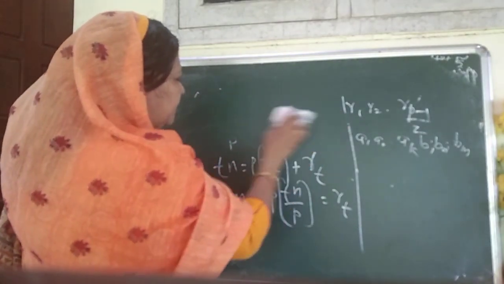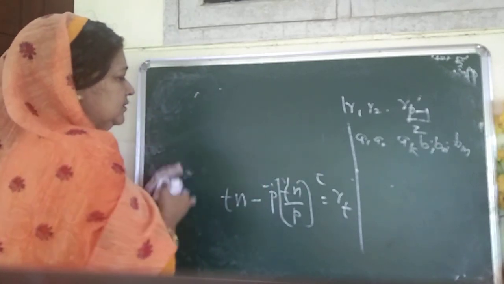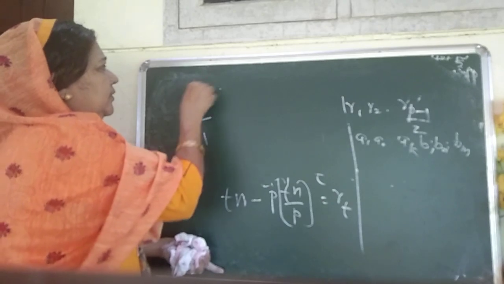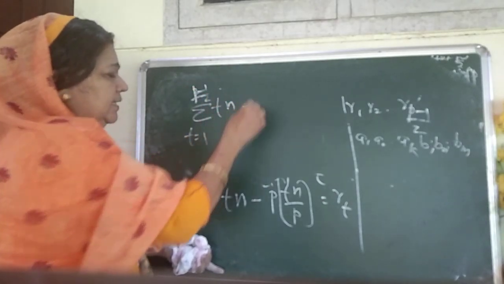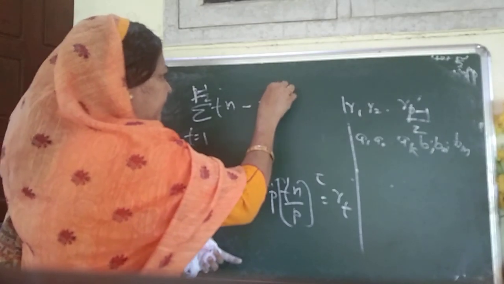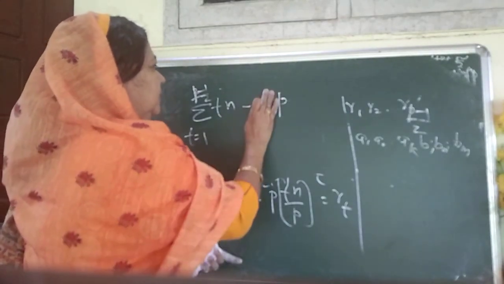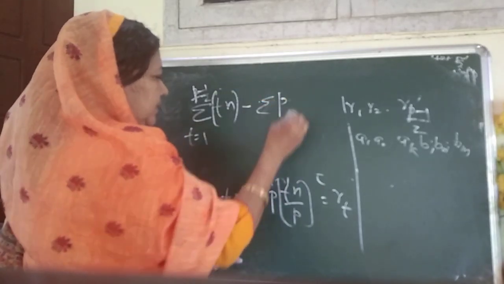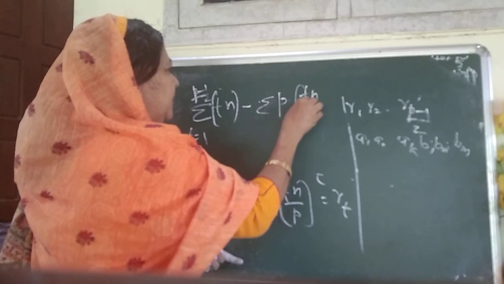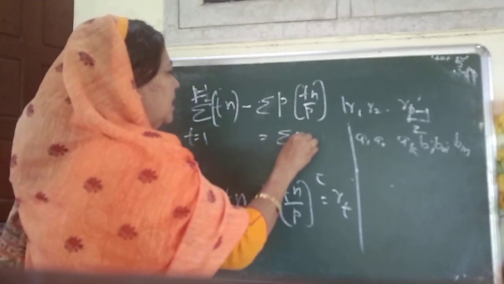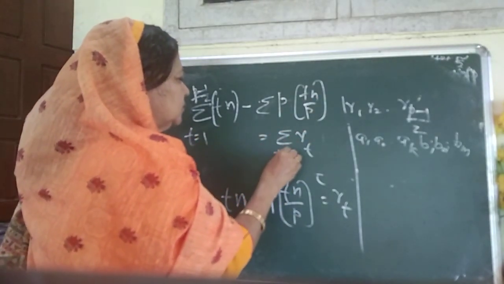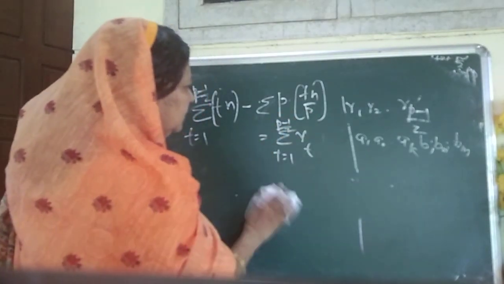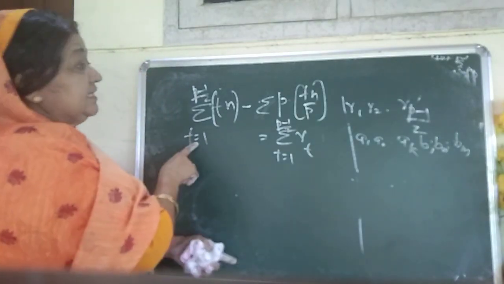Then we can take sigma on both sides. So sigma over t equal to 1 to (p minus 1)/2 of tn minus p times the sum of the integral part of tn by p, sigma over t equal to 1 to (p minus 1)/2, where t runs over the sigma.